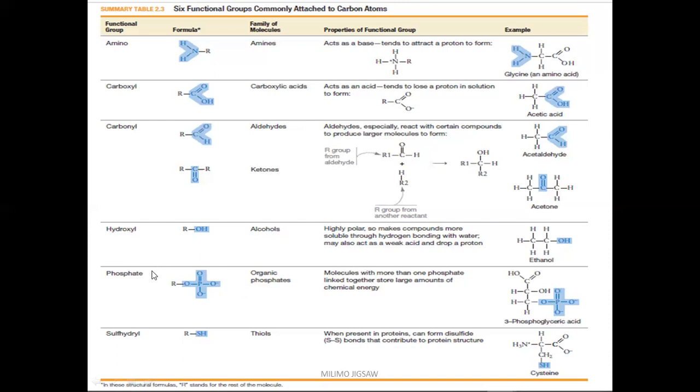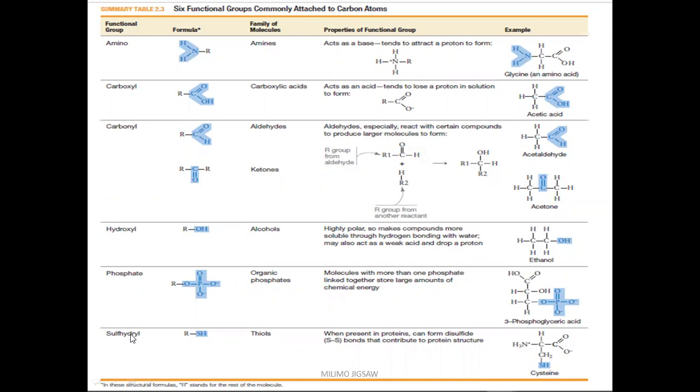So DNA is acidic due to the numerous phosphate groups that it contains. So phosphate groups are important constituents of nucleic acids and also phospholipids.